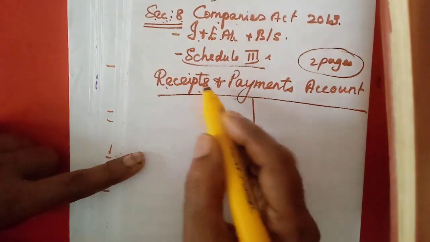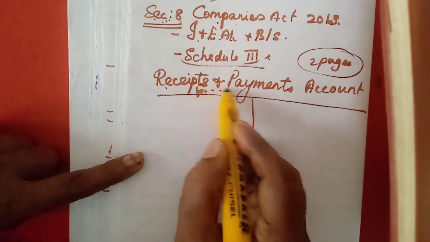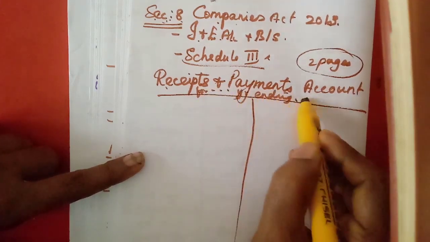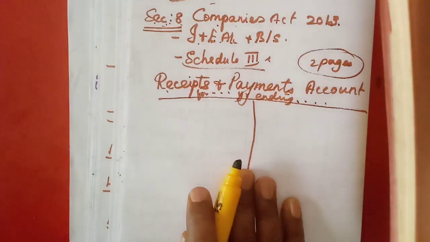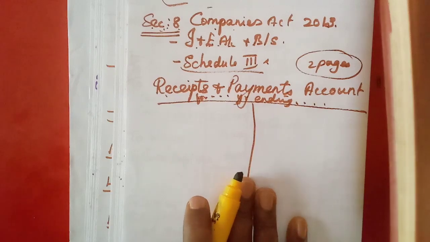This is also prepared at the end of the financial year. We will write for the year ending 31st March 2019 or 20, whatever it is. So we can say it is a real account in nature.